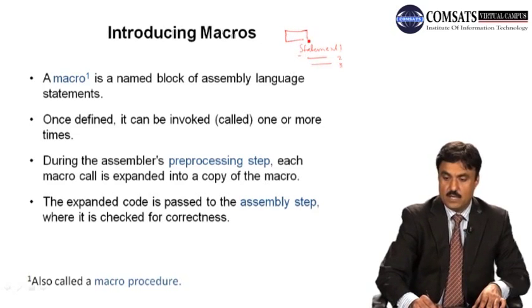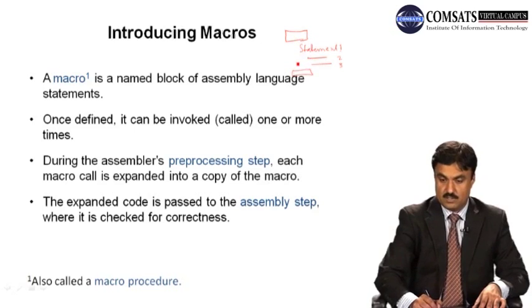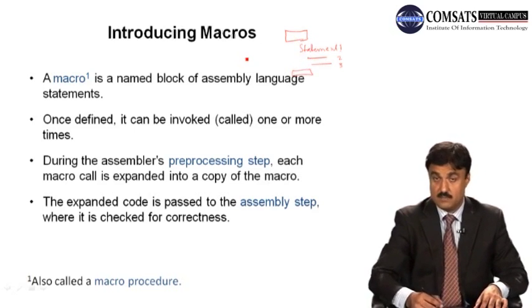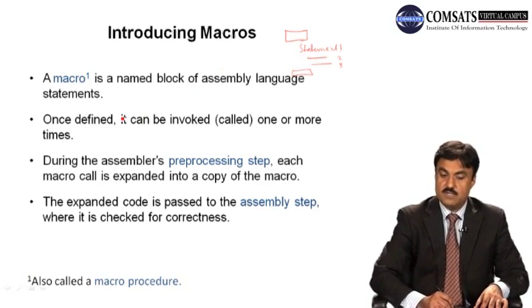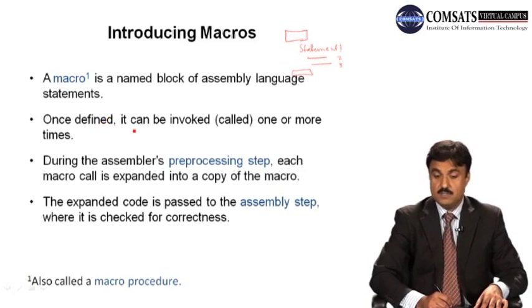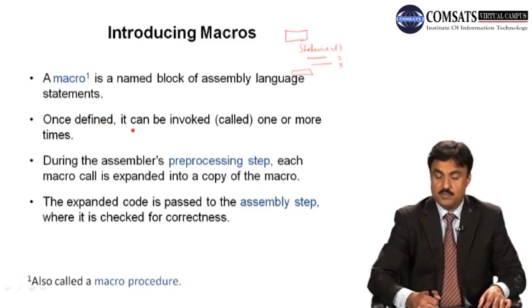So we give them one name, and this is the name of the whole block of multiple assembly statements. And once we define these statements, once we define this macro, it can be invoked or called one or more times.